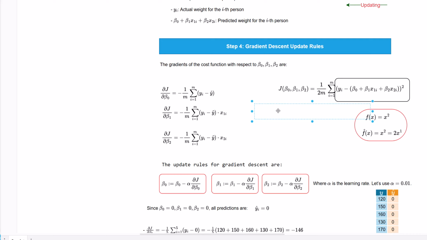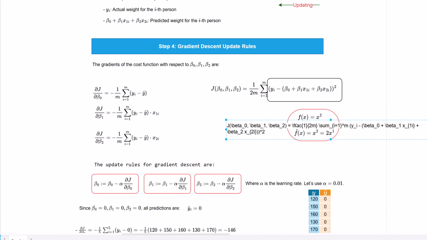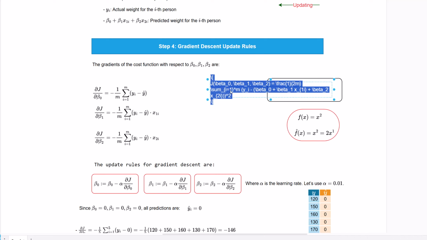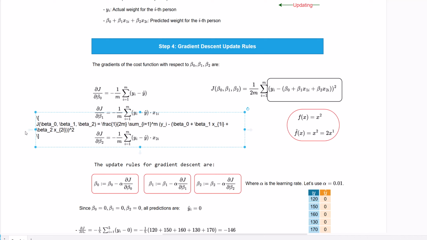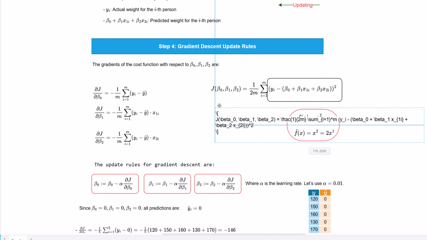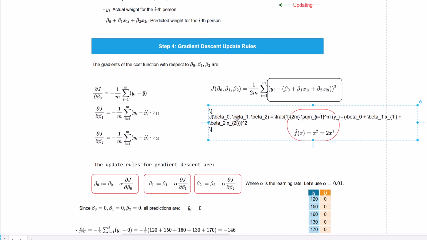I have to copy the whole thing. It's not that easy to modify the formula, but I will have to copy, and let's see, paste. It's not showing the formula.